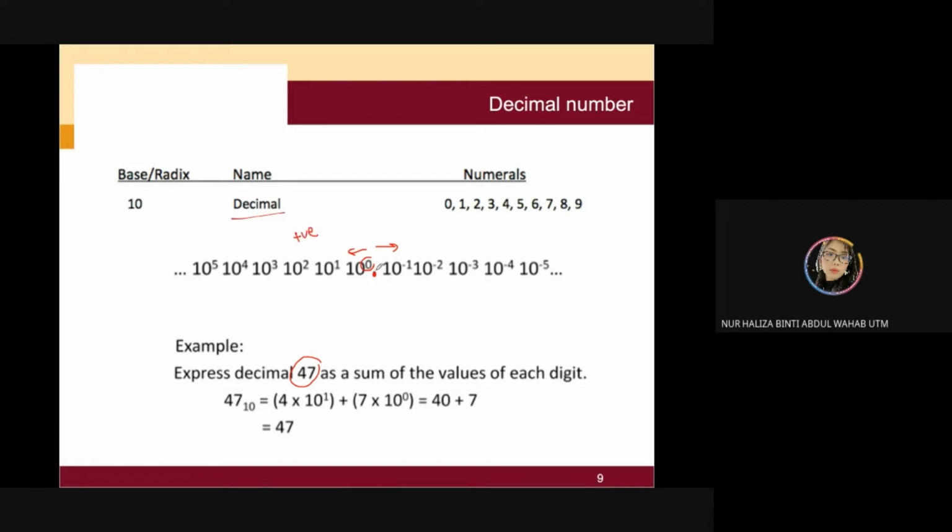And after that, to your right for your fraction part, you're going to see it start with minus 1 and so on. And for your 47, you can try the example, and please try to change this value and play around with this step and also the equation.